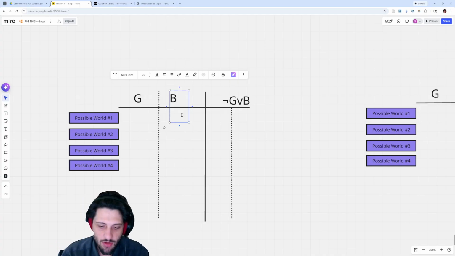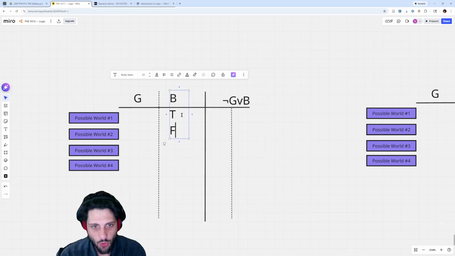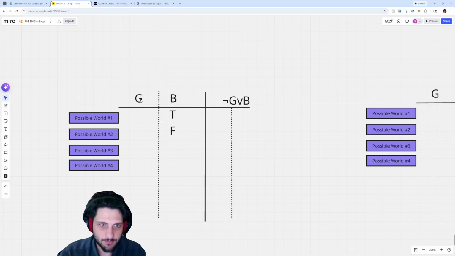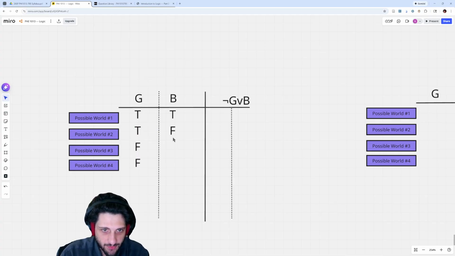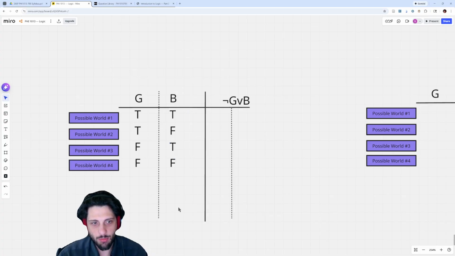B could either be true or it could be false. Both of those things could happen while G is true, but both could also happen while G is false.